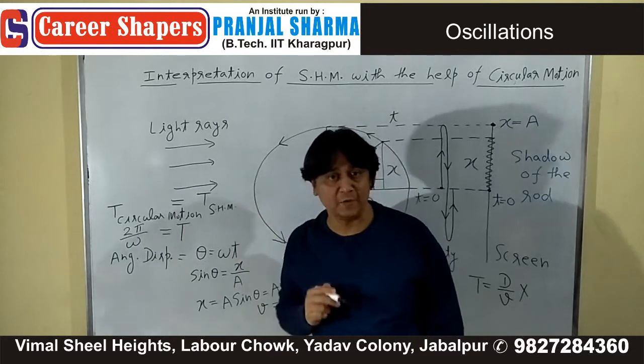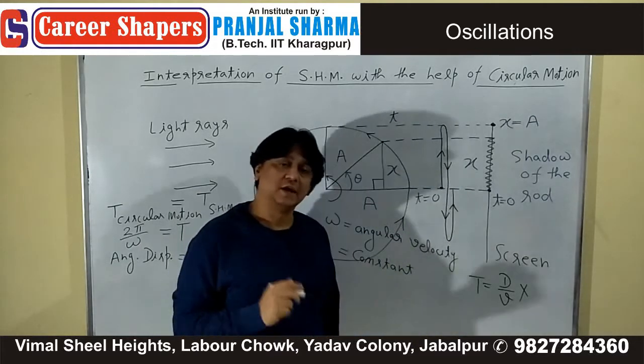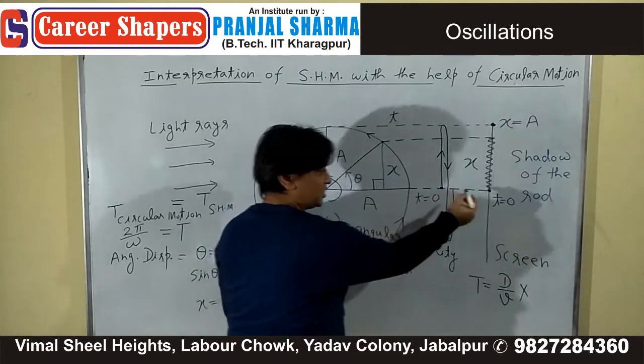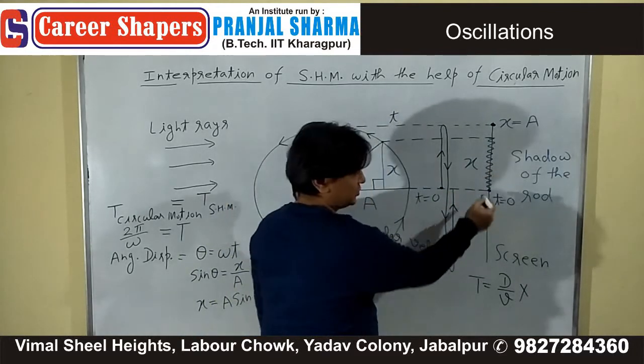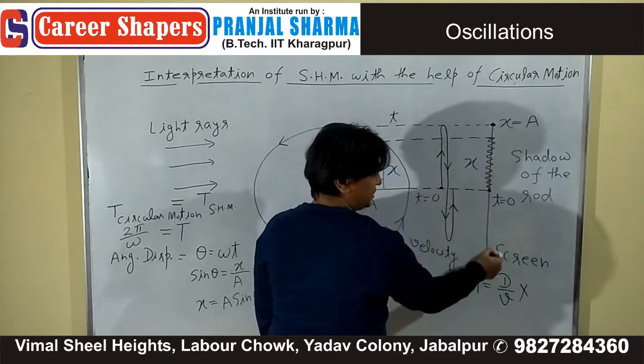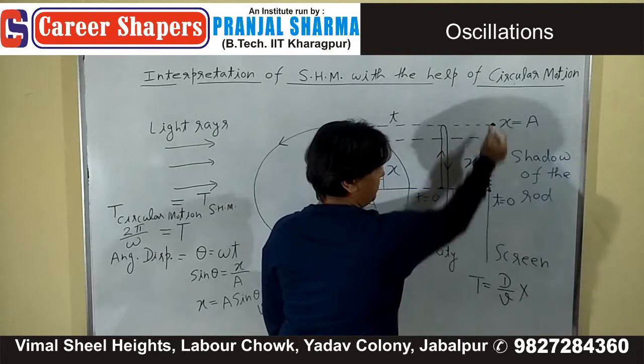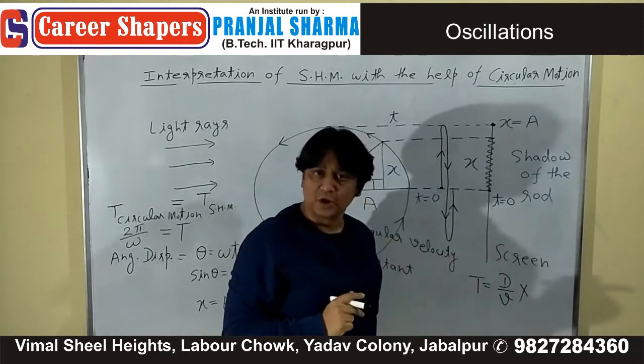A name for omega means what? What is omega basically? Angular velocity. But if somebody is only looking at the tip of the shadow, then this tip of the shadow is executing what? Linear motion. It's going up and down, up and down. That is one dimensional motion.